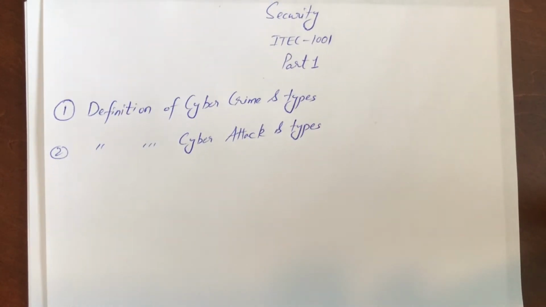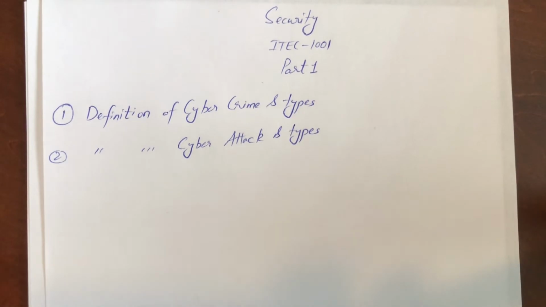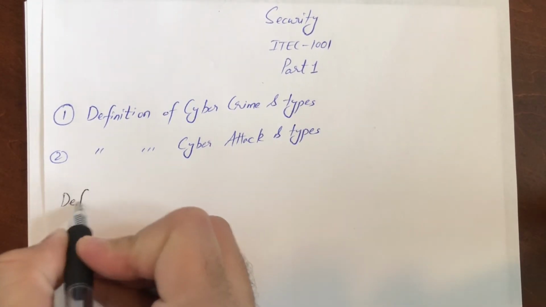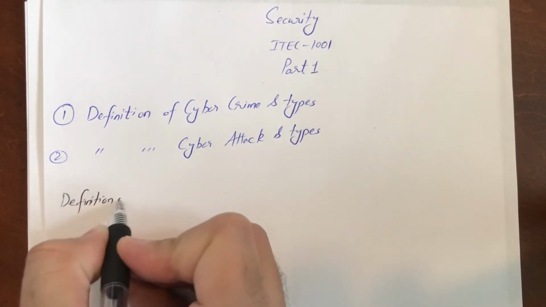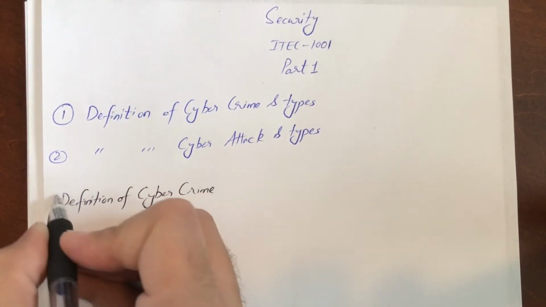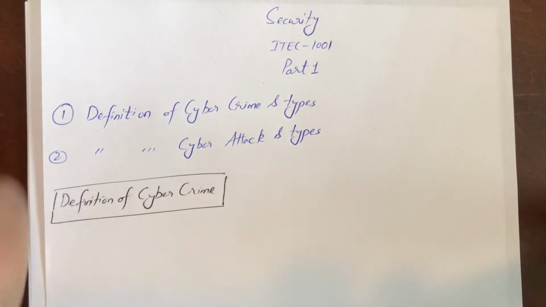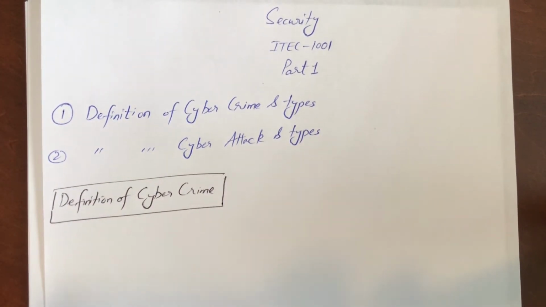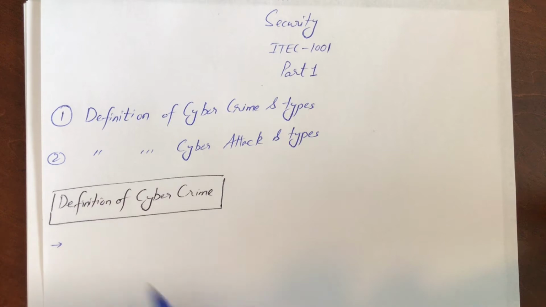So let's start with the first agenda item, which is basically the definition of cybercrime. So cybercrime, as the name suggests, cyber means computer.